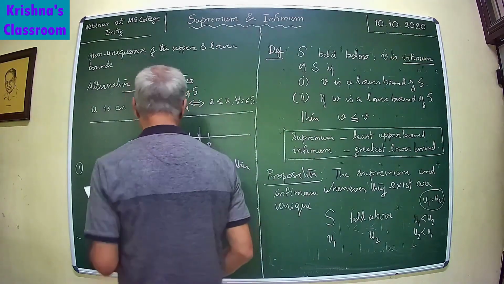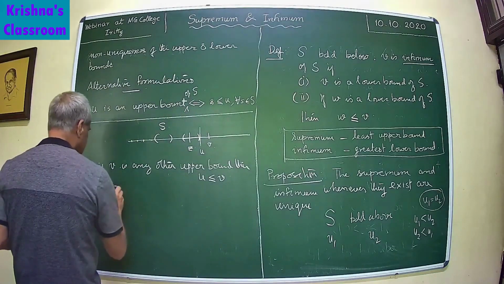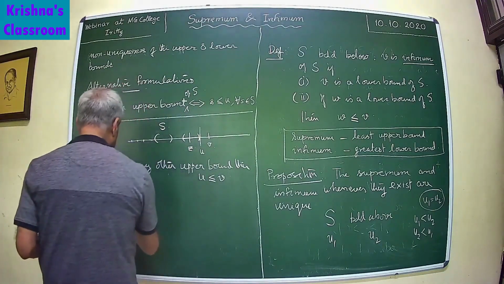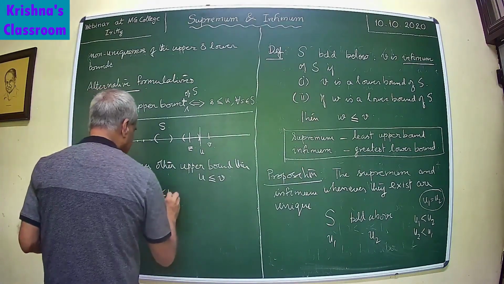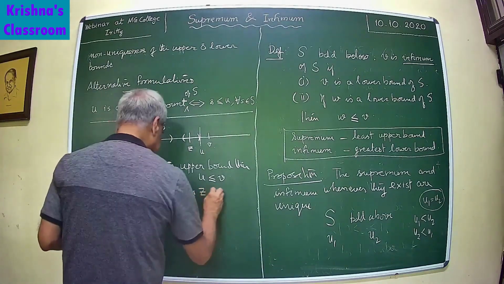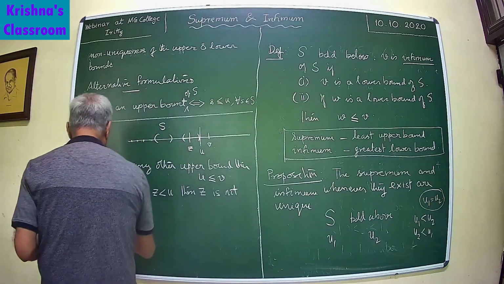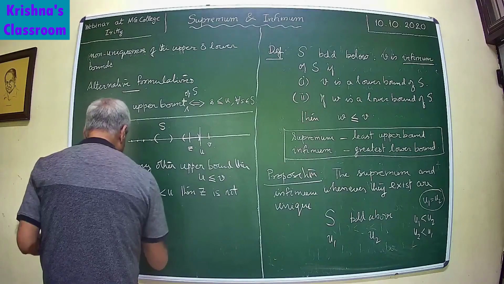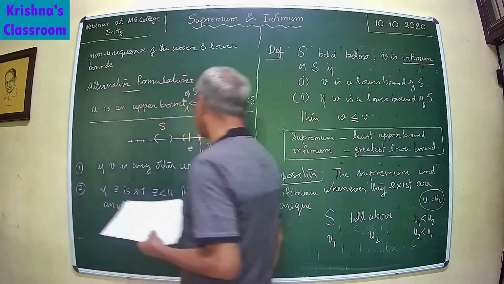So if Z is such that Z is less than U, then Z is not an upper bound of S.